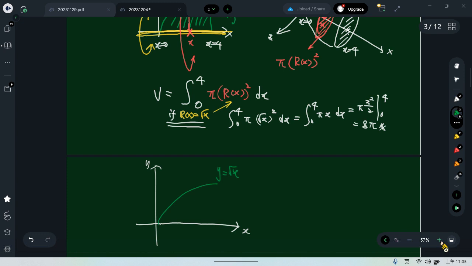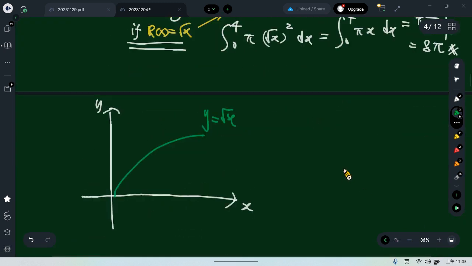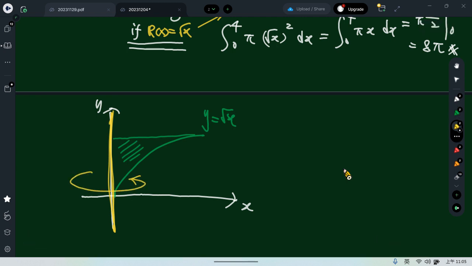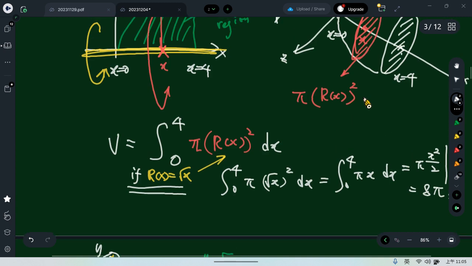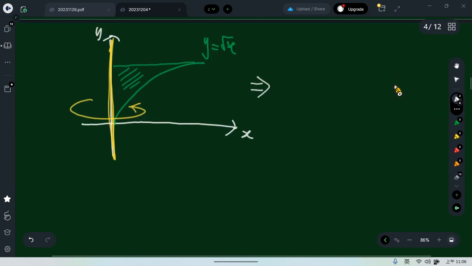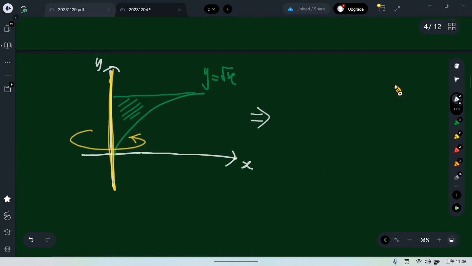Then this time, I hope the rotation axis is this way. This time, I just use the region to rotate around the y-axis. What's the shape? The shape will be different, right? It will differ from this one.